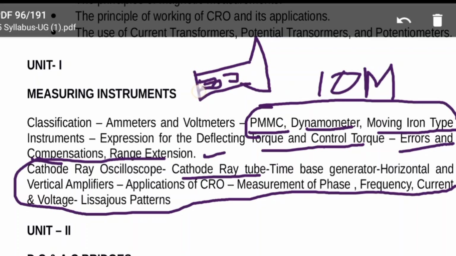After that, electrons move and bombard the fluorescent screen. When electrons touch the fluorescent screen, it gives light. How the CRT works is also important. A 10 marks question may come from CRO or CRT. If you know the CRO entirely, one part of which is the CRT, then you can easily write the CRO.